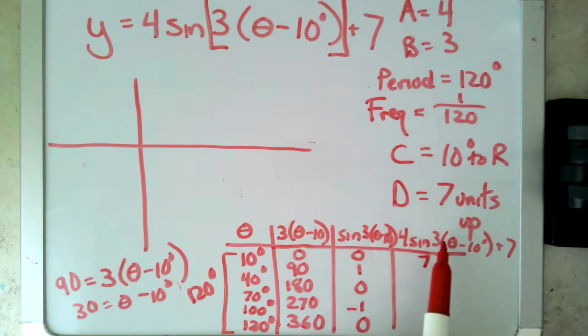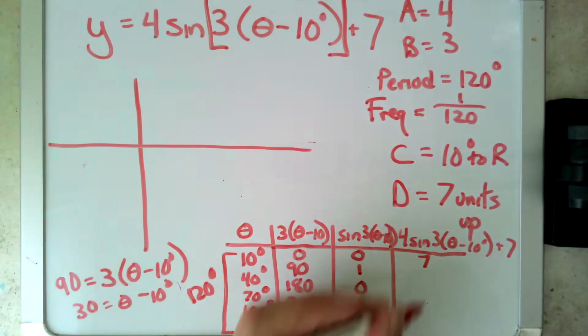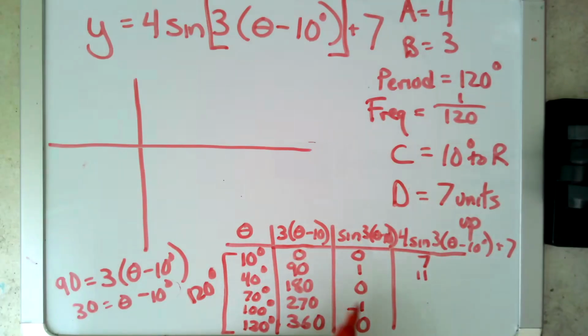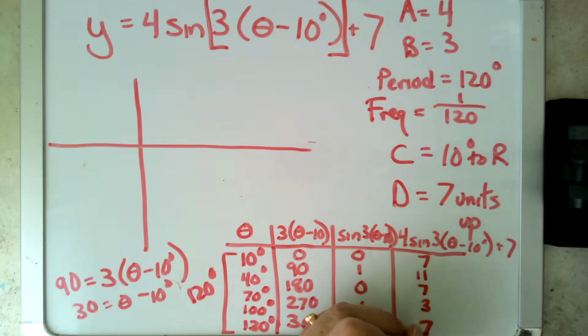If the sine of 3 theta minus 10 degrees part is 1, times 4 is 4, plus 7 is 11. My 0 will be a 7. My minus 1, well, I can do this another way if I want as well. If 7 is my sinusoidal axis and my amplitude is 4 up from that, 11, or 4 down from that, 3, and then finally my 0 again is 7.